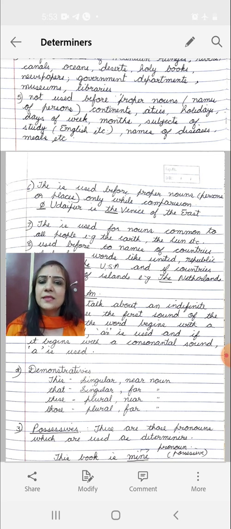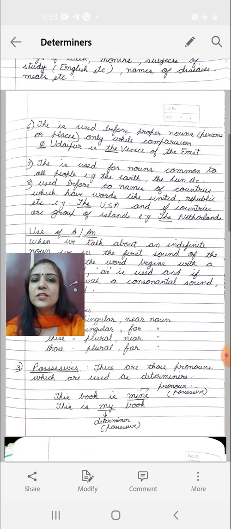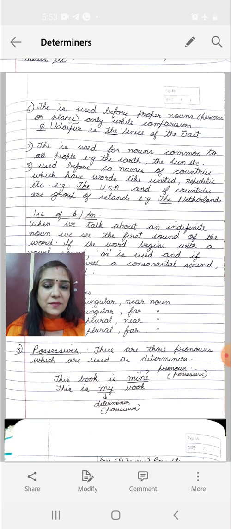Then next thing, the is used before proper nouns only when we compare. This I've already explained. Then at the same time, the is also used for nouns which are common to all. Like we say the earth, the sun revolves around the earth. So like that we say the sun rises in the east. Okay, in front of names of directions also we use the article the.